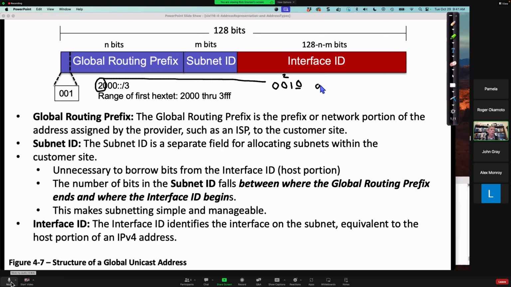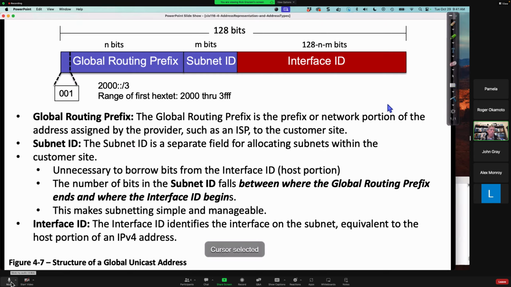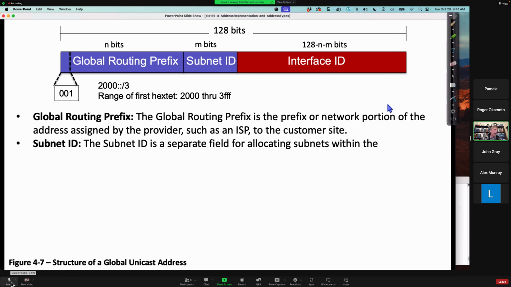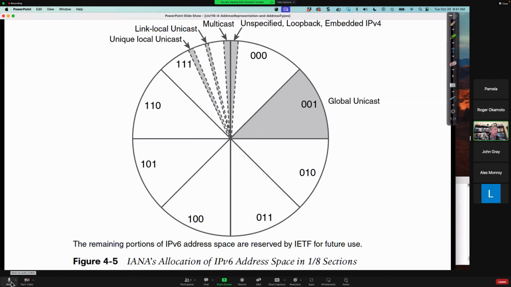Remember it has to start with 001. If the next number is a 1, then that's a 3. So that's why this first number is going to be hexadecimal 2 or hexadecimal 3. And if you remember when we went back to my little pie in the sky right there, that's the 001, the first 3 bits.